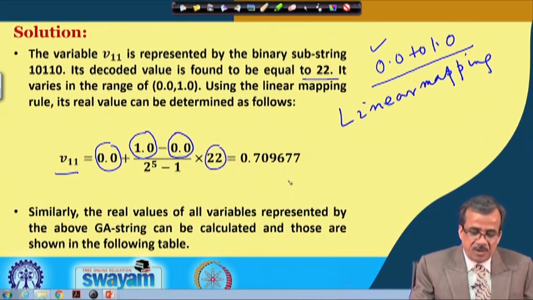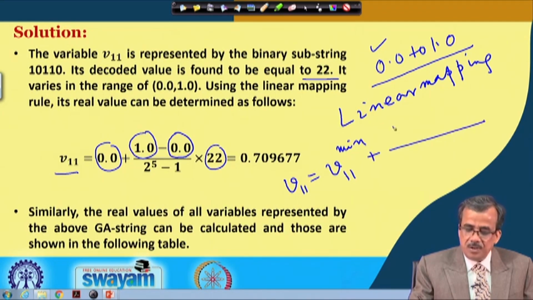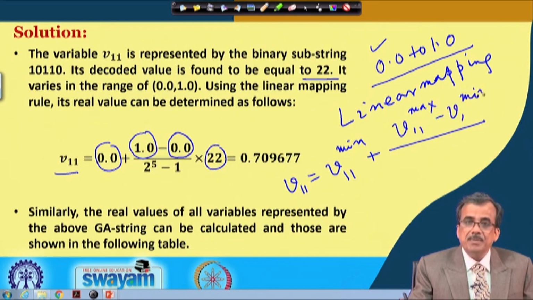Now, if I write down this rule, V11 is nothing but V11 minimum plus V11 maximum minus V11 minimum, divided by 2 raised to the power L minus 1, multiplied by the decoded value.